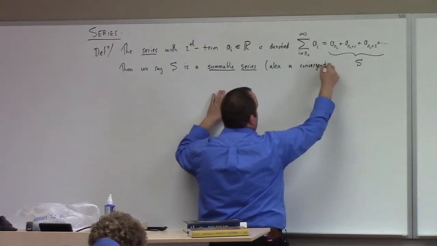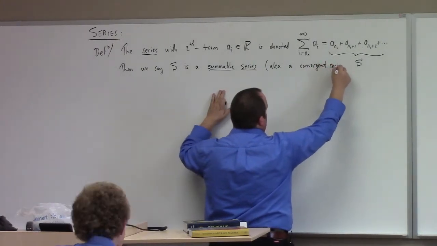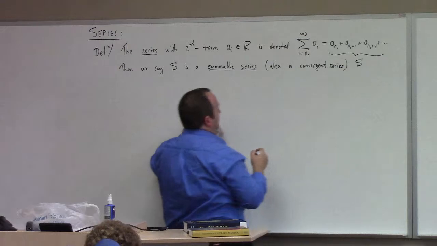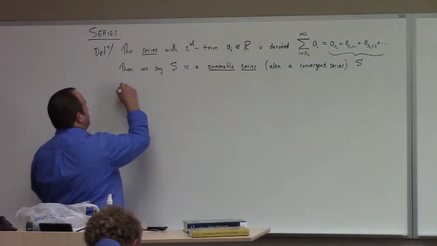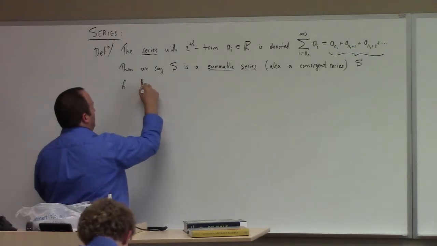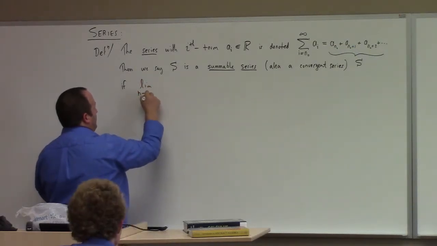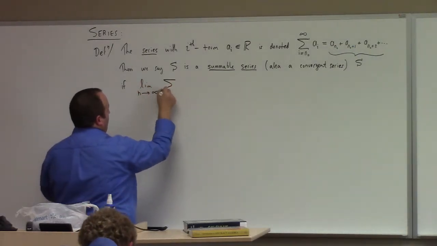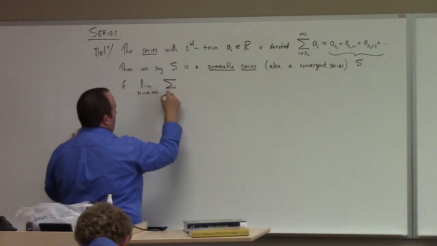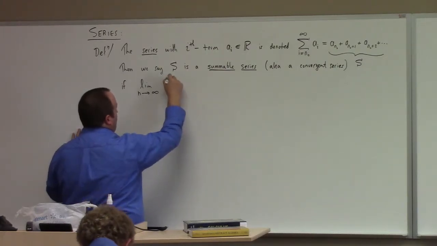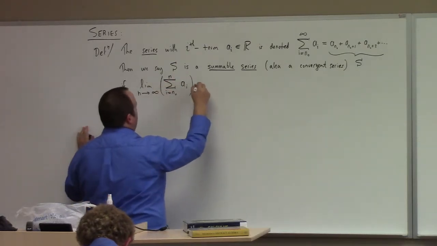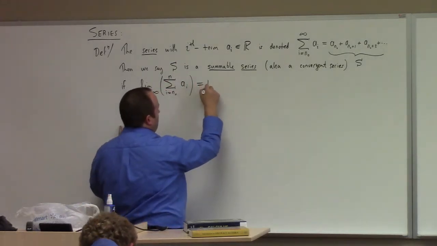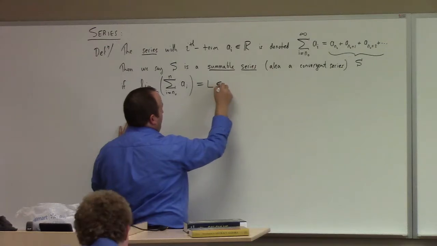Yesterday I used the term convergent. Today I'm going to try out the term summable because I think it might be helpful. It's a summable series if the limit as n goes to infinity of the sum i equals n naught to n of a sub i is equal to L, which is some real number.